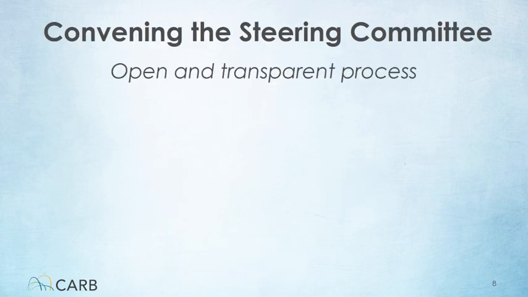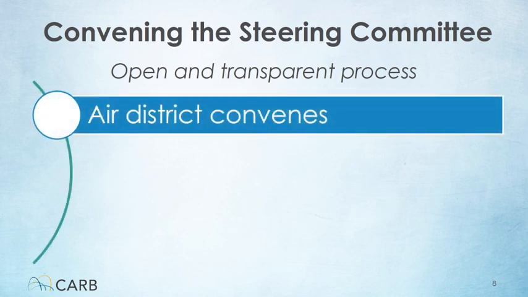There are different ways to convene a community steering committee, but whatever the process is, it needs to be open and transparent. The blueprint requires an air district to work with community members to convene the committee, and we have seen a variety of different models emerge for committee recruitment and operations.